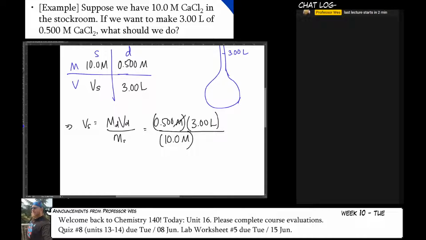Now I cancel the units. These units cancel out, leaving me with the volume of the stock solution that I need in liters. We'll grab the calculator. 0.5 times 3 over 10. And I get this many liters.